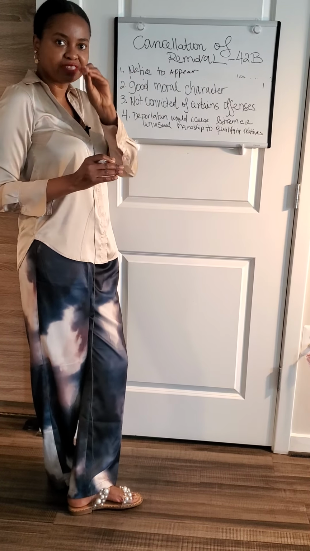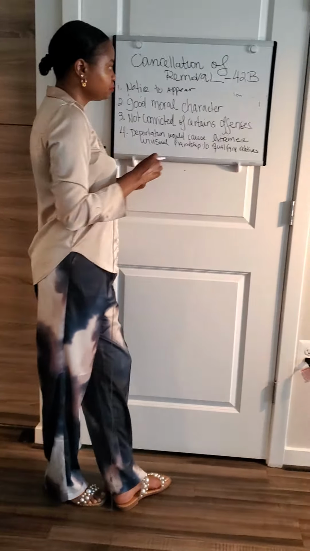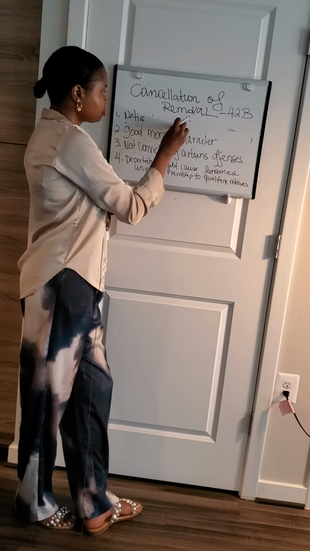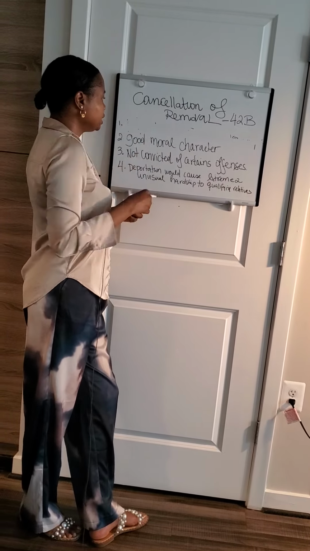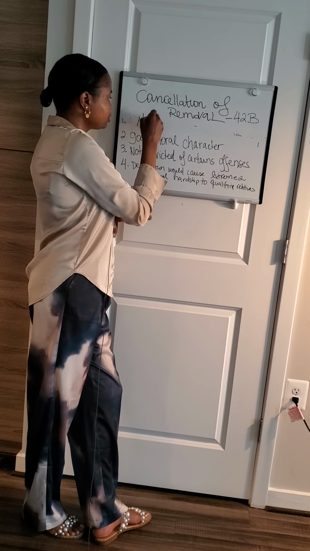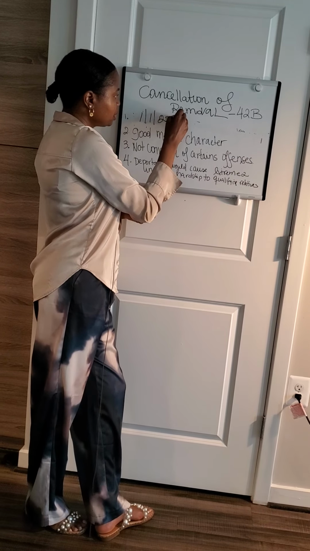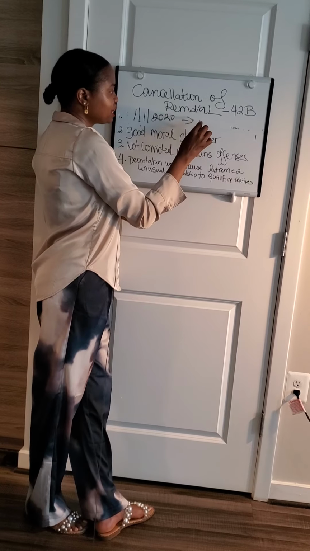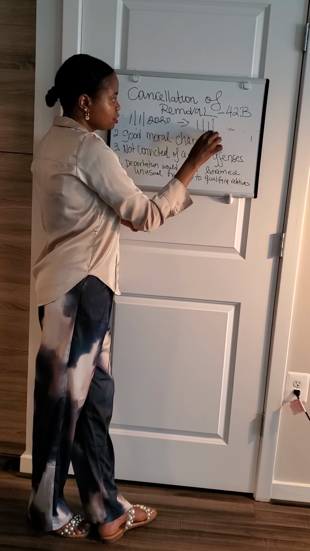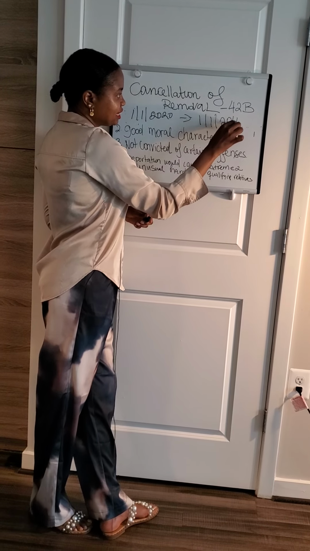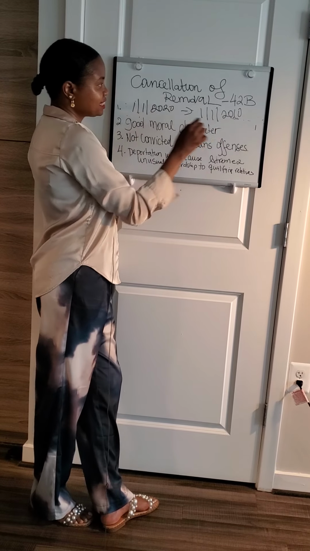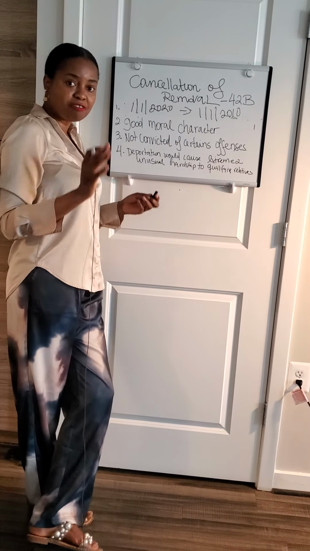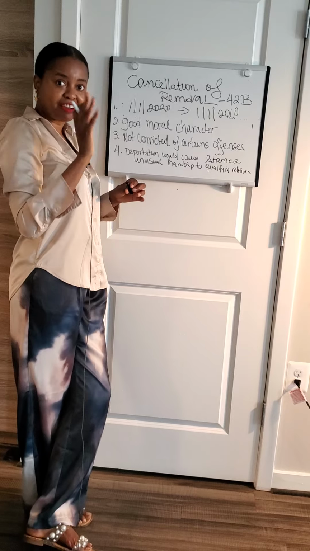Prior to you receiving the notice to appear, okay? Notice to appear dated January 1st, 2020, and then you entered the U.S. January 1st, 2010. If you look at it, it's exactly 10 years, provided that you never left the country.